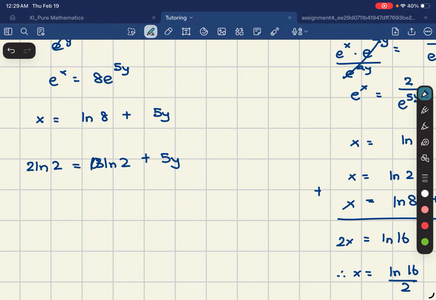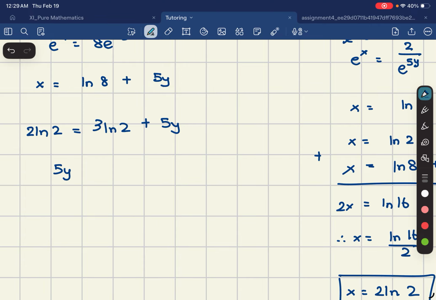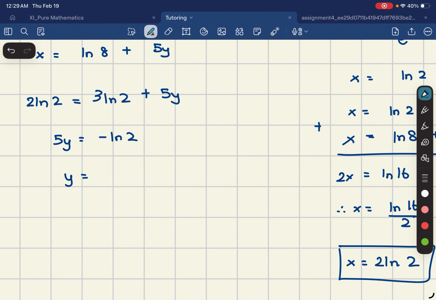Why is it 3 ln 2? Well, because 8 is 2 to the power 3. And now I know that 5y is equal to minus ln 2. So therefore, y has to be negative 1 over 5 ln 2. So that is your answer.